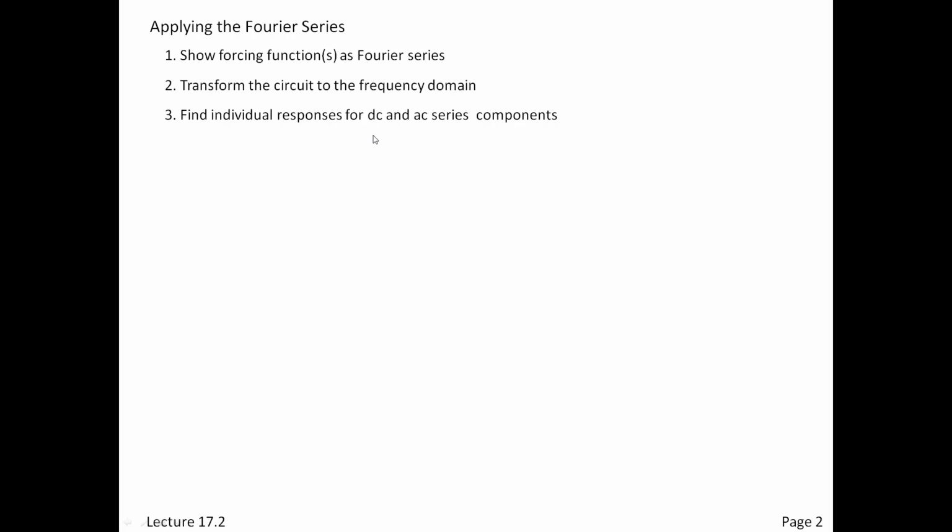We saw the Fourier series, when it's finally expressed, has a DC component, if there is one, and then an AC component that can be various combinations of sines and or cosines. That means we can really treat the circuit with superposition and simply add the individual responses of each of the waveforms.